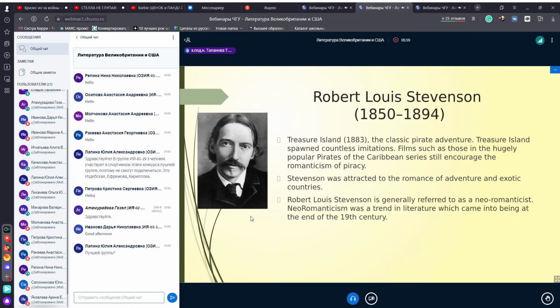It's the classic pirate adventure story. I'm talking about Treasure Island, which was written by Robert Stevenson in 1883. And of course, it was a great success right after the printing of the book.